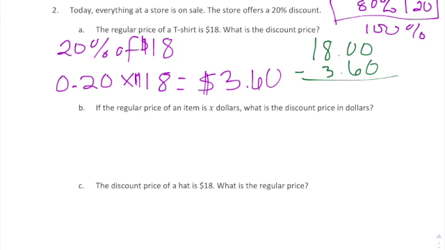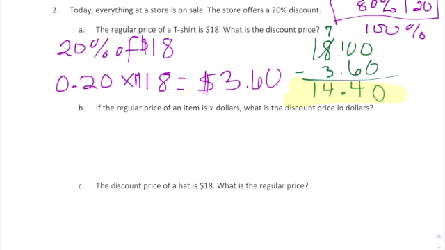Right? Because it's not $3.60 for the item. It's $3.60 is like what I save. So we get $14.40.